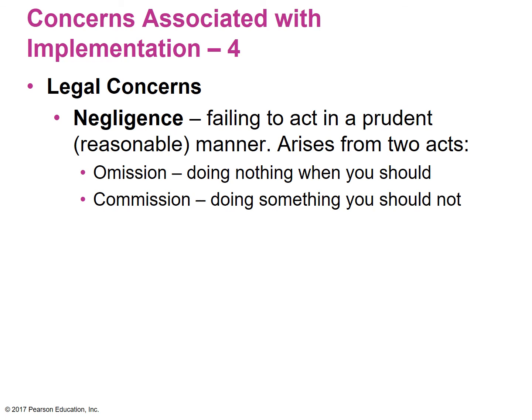So intent kind of comes into play there. But again, you just want to make sure that, when you're doing your human resources, maybe you have someone with legal expertise review your procedures, your documents, how you do things, to make sure you're not getting into a situation where negligence could be a possibility.